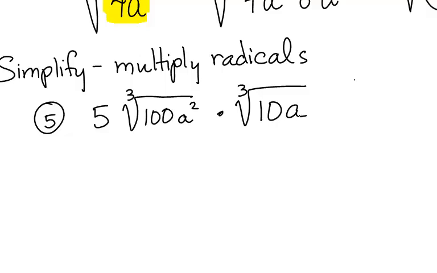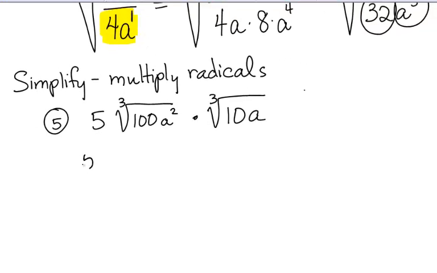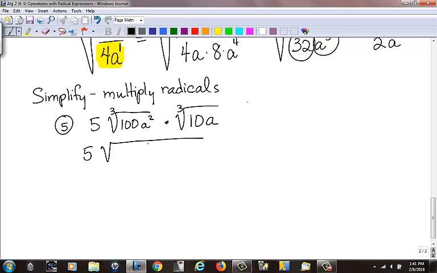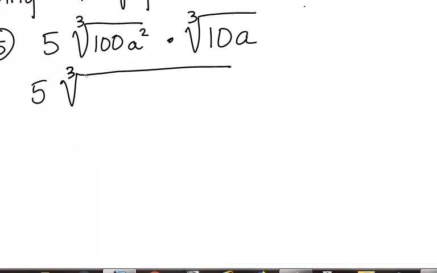Now you could try to simplify, but there's no cube root of 100 and there's no cube root of 10. So on the product, it's okay to multiply those back together. Okay, so then you should be able to say 100 times 10 would be 1,000. And a to the second times a to the first would be a to the third. Leave the 5 out front, and now simplify.